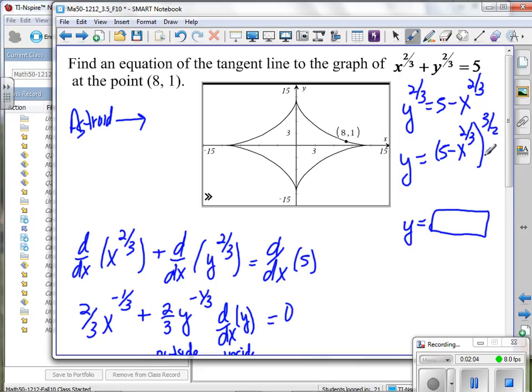Please do not be tempted to say, oh, that means it's 5 to the 3/2 minus x. You can't distribute the exponent, remember? We all think of doing it, but we always stop ourselves, hopefully, and say, no, you can't do that. And so you'd have to put this in.